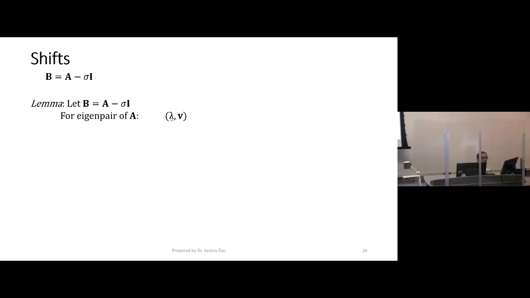So let lambda, V be an eigenpair of A. Then the corresponding eigenpair of B is lambda minus sigma, V. So the eigenvalues will all shift by this amount sigma. When I subtract sigma from all the diagonal elements of the matrix, the eigenvectors remain unchanged. The eigenvalues will shift by the same amount sigma.